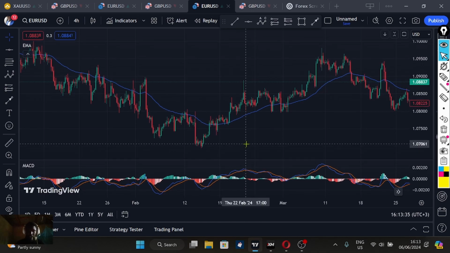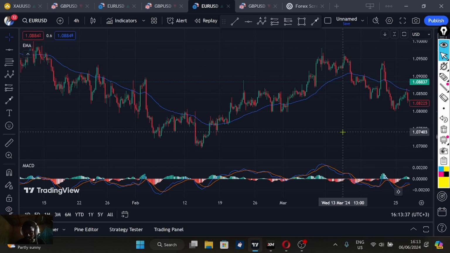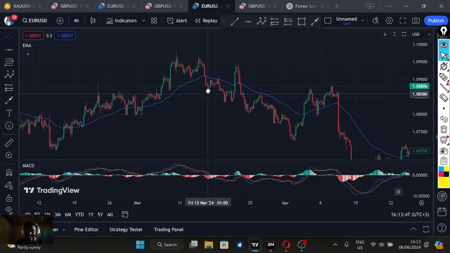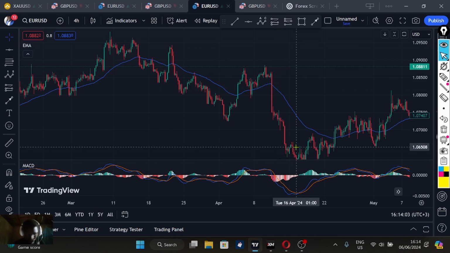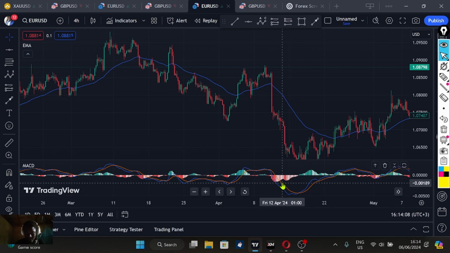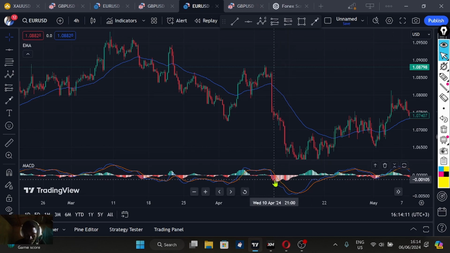Now, let me explain here. Sorry, when the moving average line is above the price, it indicates that this is a downtrend. And we confirm this by looking at the MACD. This is called the histogram.